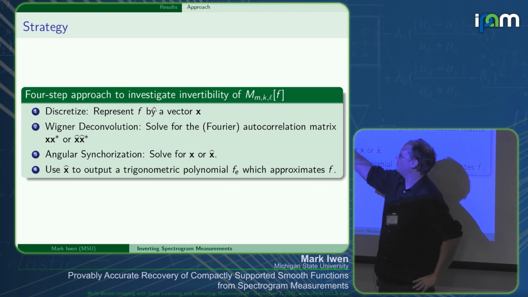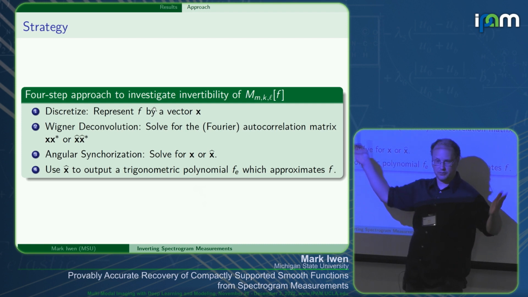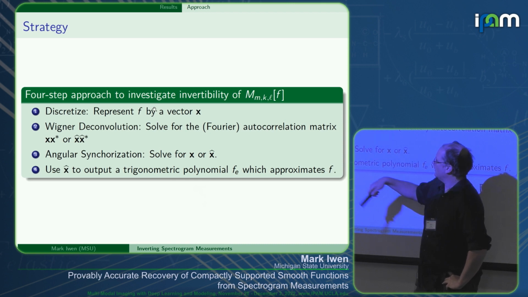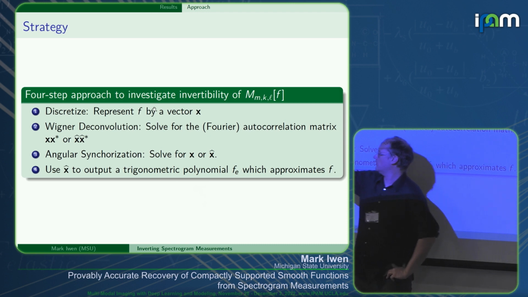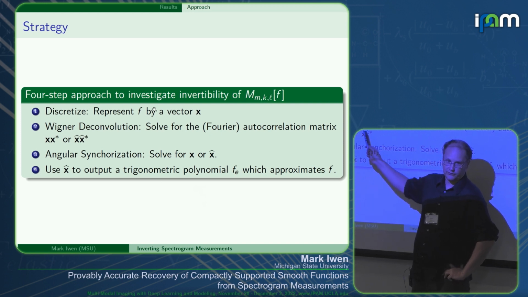So we're first going to discretize our function so we can recover, using a finite number of measurements, some finite dimensional object that will let us approximate f. After that, we're going to use a nice technique from the physics literature from about 30 years ago to solve a lifted linear system and get either xx star or the Fourier transform of x, Fourier transform of x star.